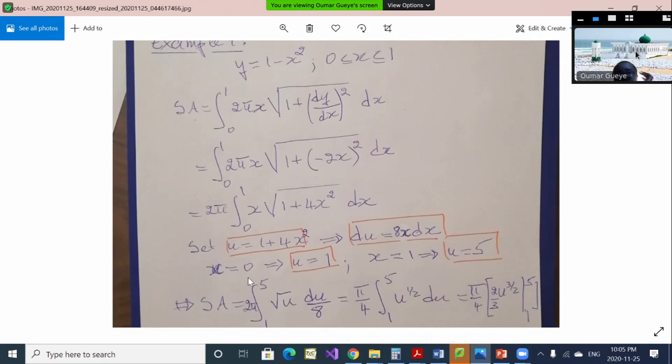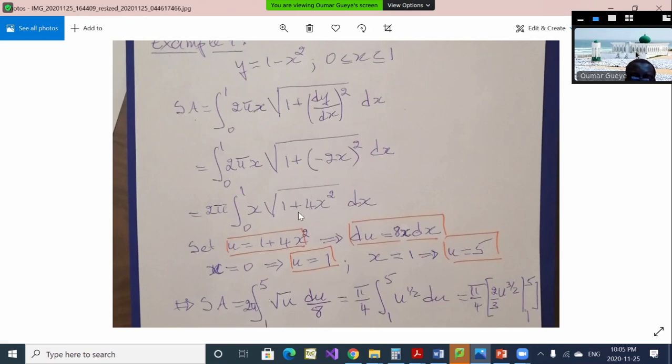And now we're going to find the new limits for the integral after using the substitution. So for x equal to 0, it means u is equal to 1. And for x equal to 1, you will get just 4 plus 1, u equal to 5. Now my integral is going to be the integral from 1 to 5.